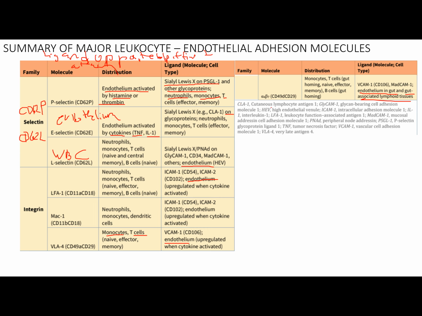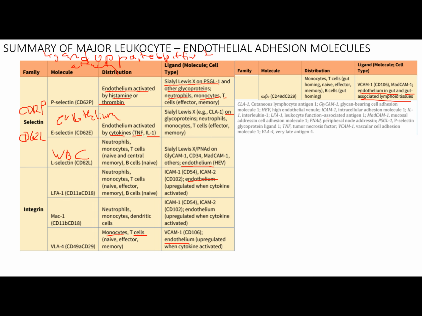So CLA-1 would mean cutaneous lymphocyte antigen 1. GlyCAM-1 would mean glycan-bearing cell adhesion molecule 1. HEV, or high endothelial venule. ICAM-1 intracellular adhesion molecule 1 and IL-1 interleukin 1, LFA-1 leukocyte function associated antigen 1.